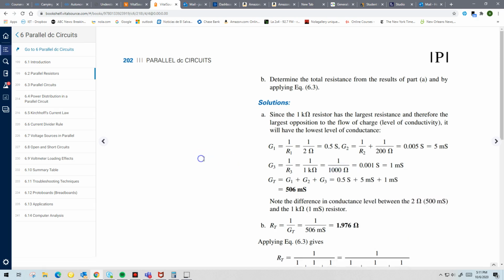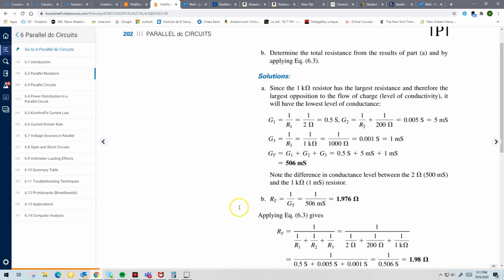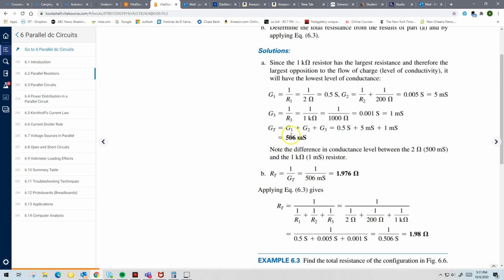If you add those three conductances together, you get 506 millisiemens. And so if we take the reciprocal of that total conductance, we get the total resistance, or 1.976 ohms. All right, so that's using conductance to find total resistance.